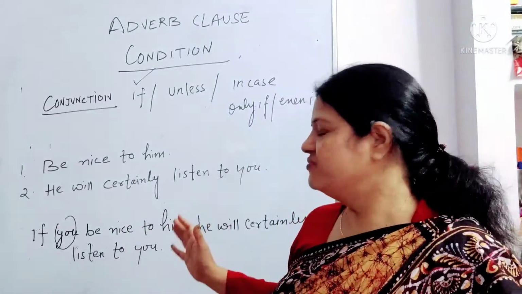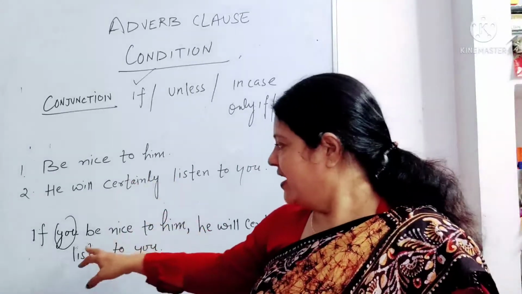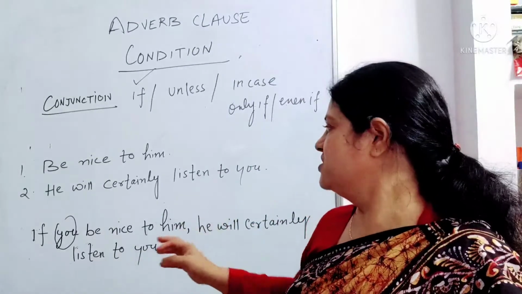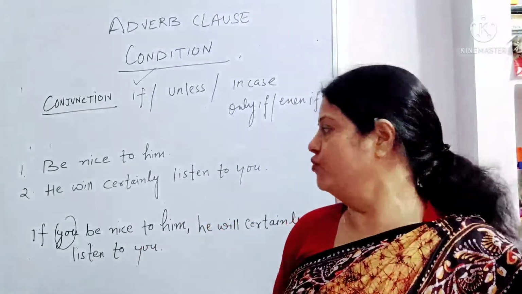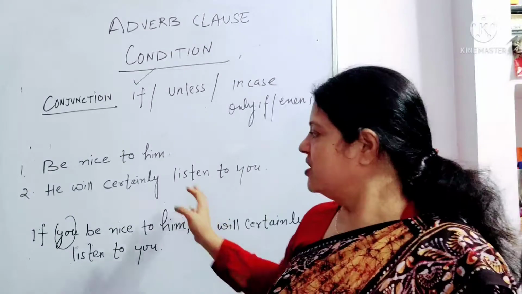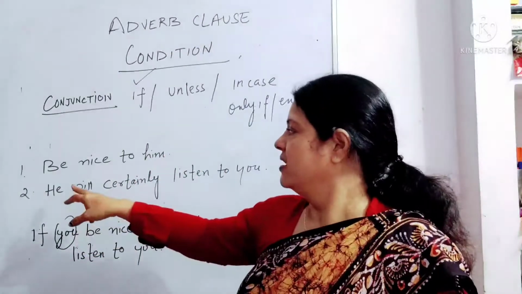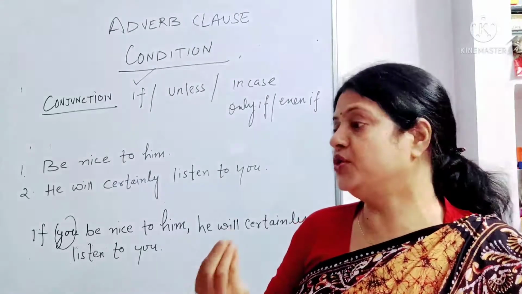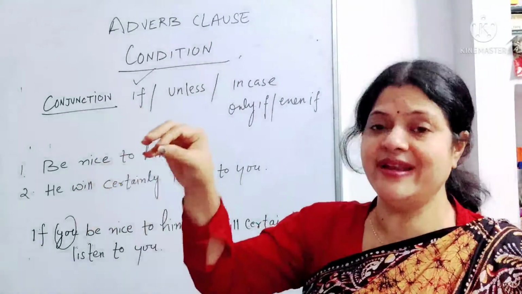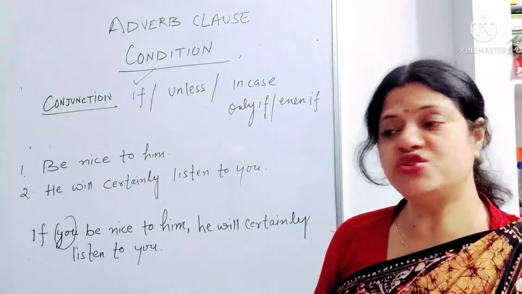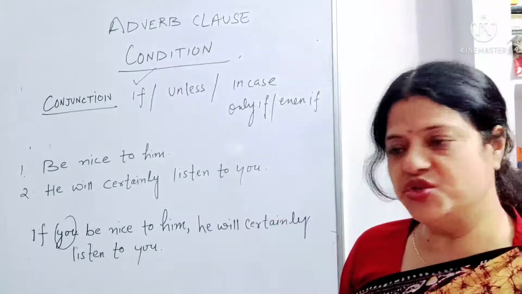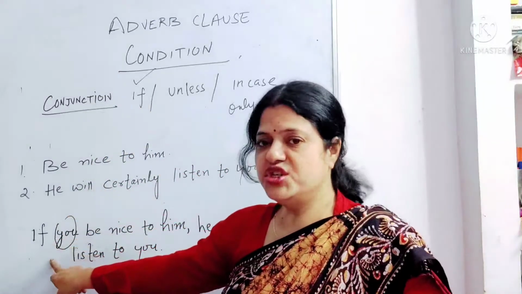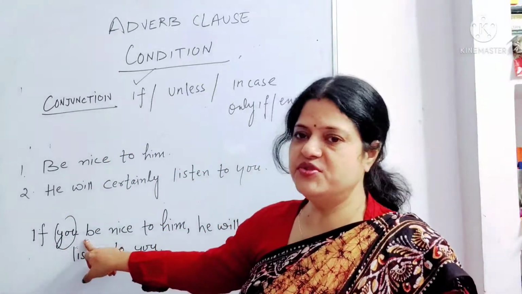So that is why I need to put a subject. If I don't put a subject, this whole sentence will be meaningless. I cannot write that if be nice to him. So I am telling to whom? I need to have a subject to whom I am telling this thing, that if you be nice to him, he will certainly listen to you. So that is why after writing this conjunction, I have written a subject, you.